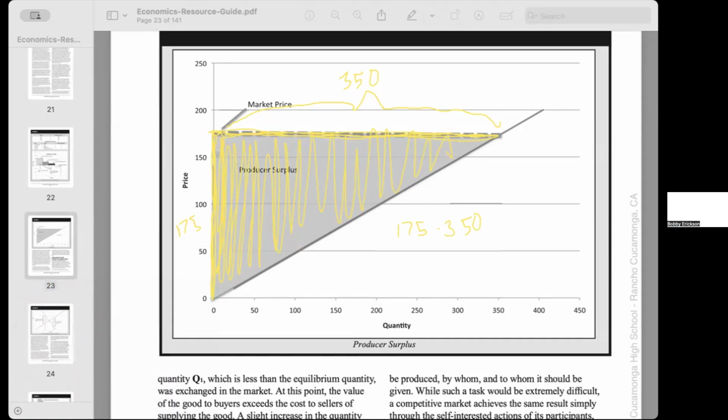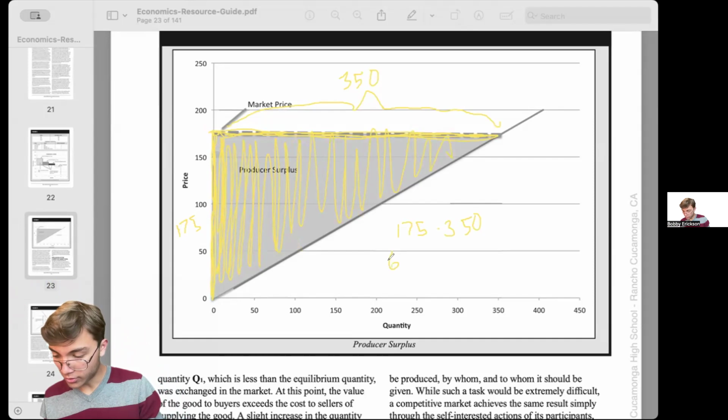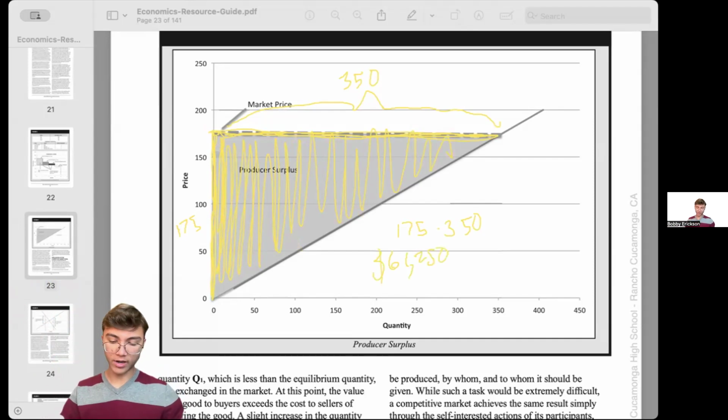Let me see if I can go ahead and get it. Go ahead. Now, you'd have to do this in your head on the actual test, but you know what? I'm going to cheat for the sake of time. The total producer surplus is $61,250.